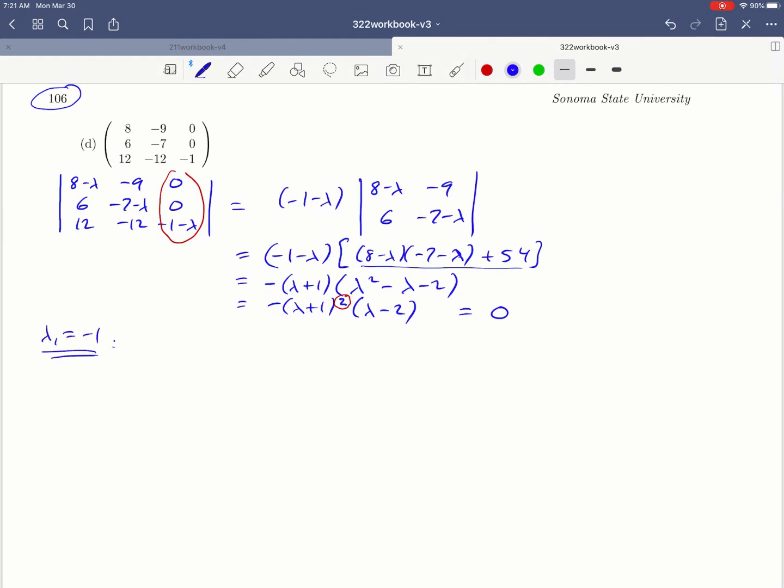I'm going to go through these calculations a little bit quicker because we've done this so many times. If you go back to your matrix A minus lambda I, substitute in lambda equals negative 1, here's what you're going to get. You can double check my calculations.